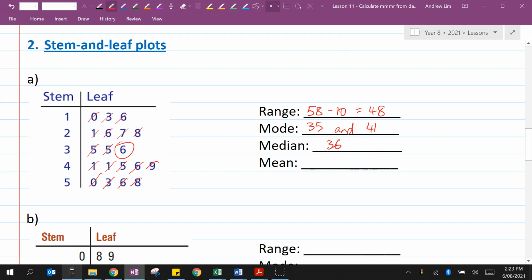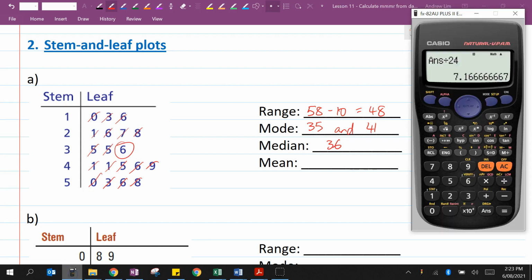Right, and my mean. Just going to grab my calculator out and punch in these numbers. The first number is 10, remember, it's not 0.